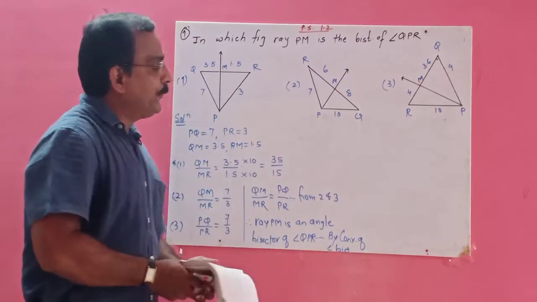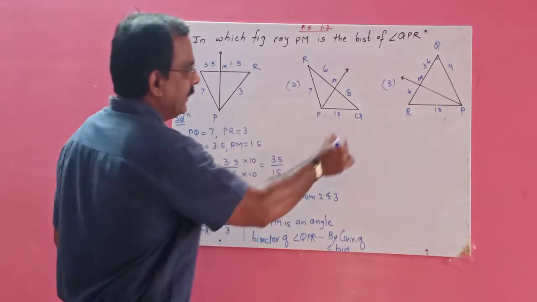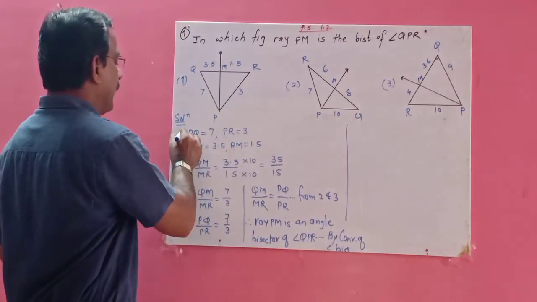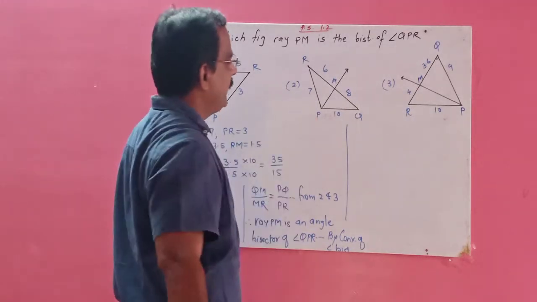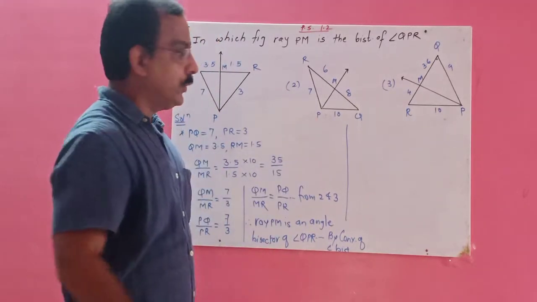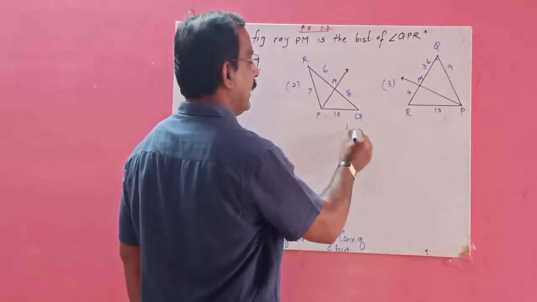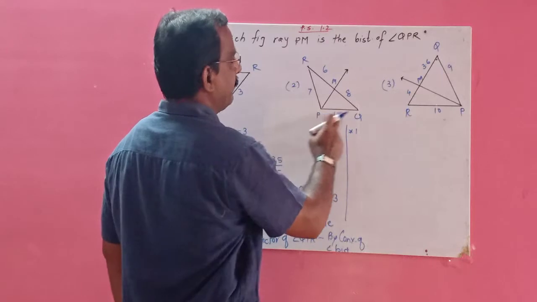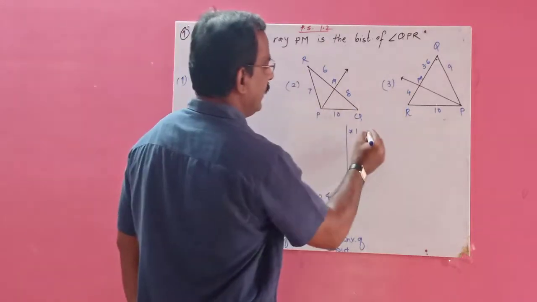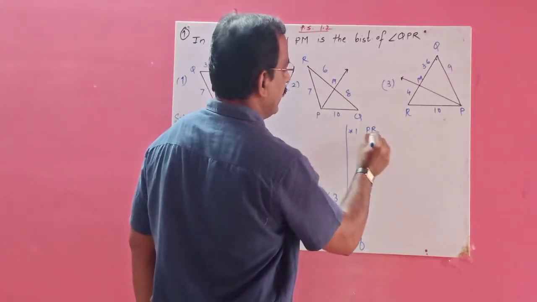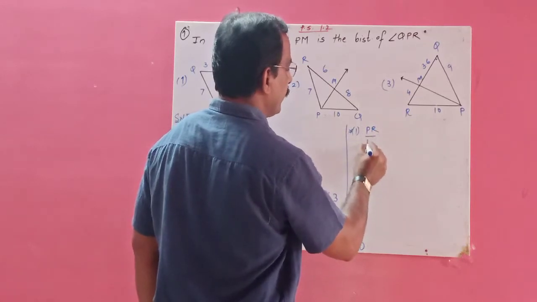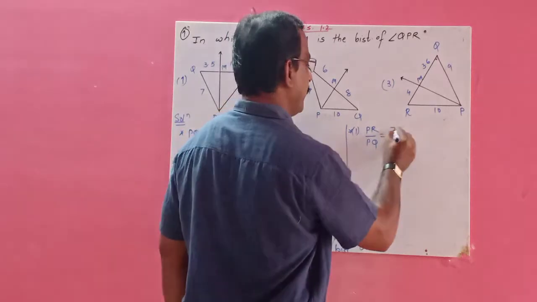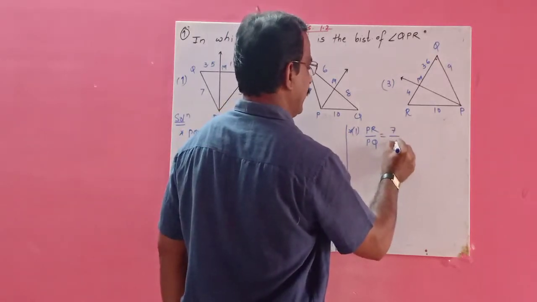Now what will you do for the second sum? Same thing. Now I am not writing the given part for this sum. Here also you find two ratios. Point number 1 is PR upon PQ. PR is 7 and this is 10.